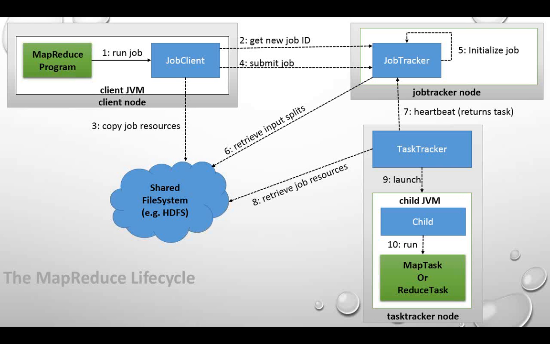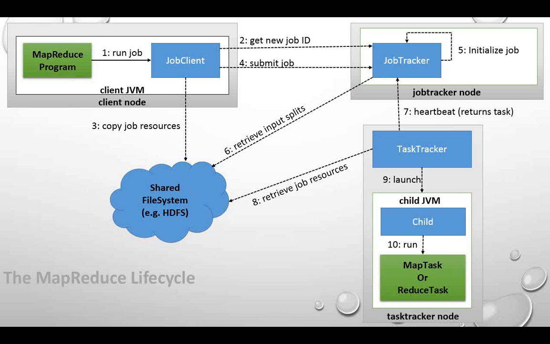In each compute node, we have something called a task tracker, which launches and runs this map task or reduce task, or maybe a map and reduce task there. Once everything gets done, it returns the results back to the job tracker, and it again returns that result back to the client.